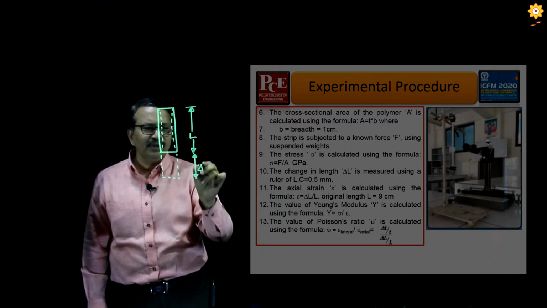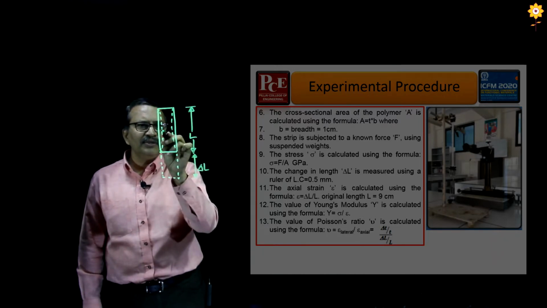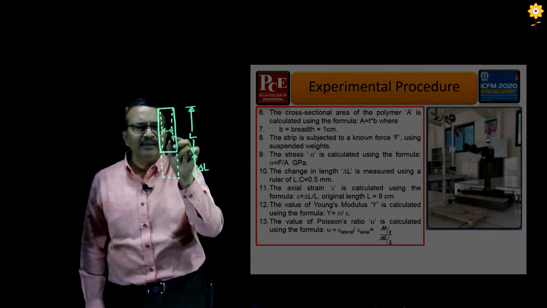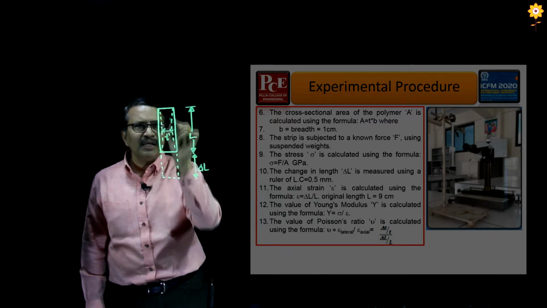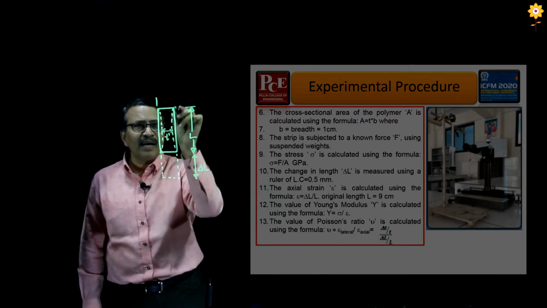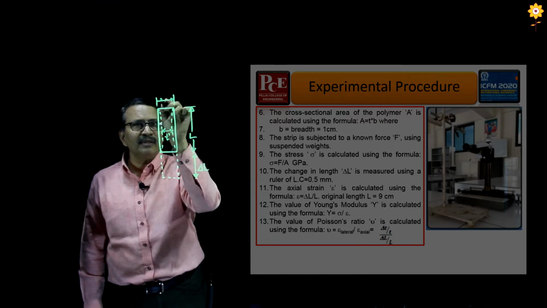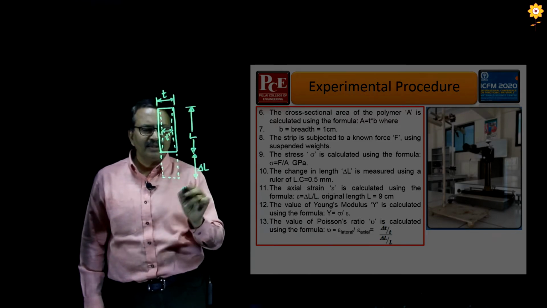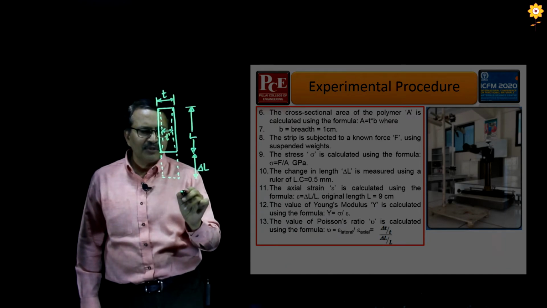From the axial way, there is delta L. This is the final reading over here. Let us say that was T dash, and previously it is nothing but T. So T minus T dash, this is something which I am going to do.